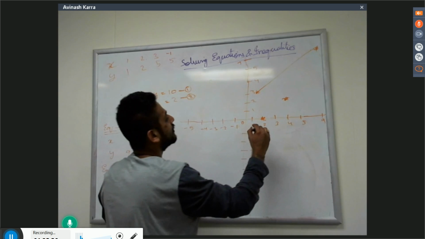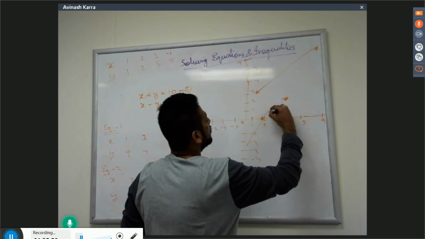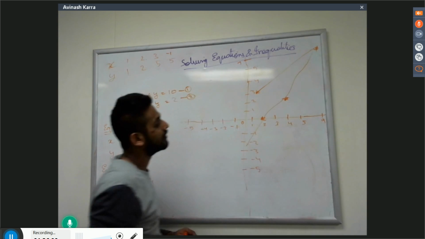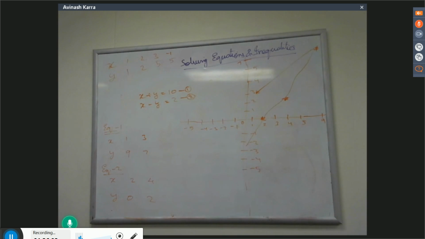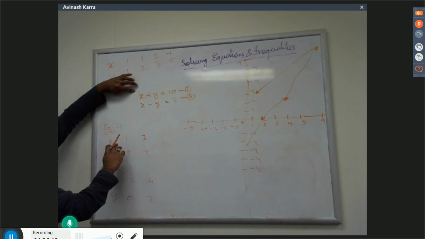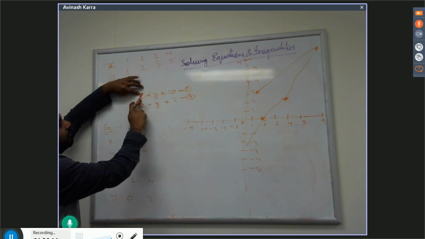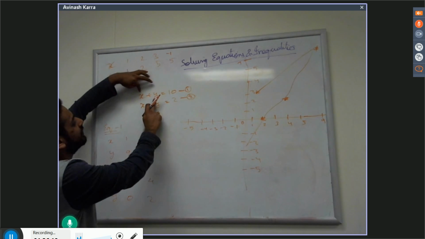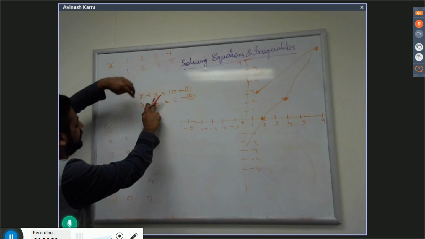For equation 1, shouldn't it be 1, 9? You put 1 and 3 when it's supposed to be 1 and 9 for the points. See, when x equal to 1, y is equal to 10 minus 1, right? It will be 9.